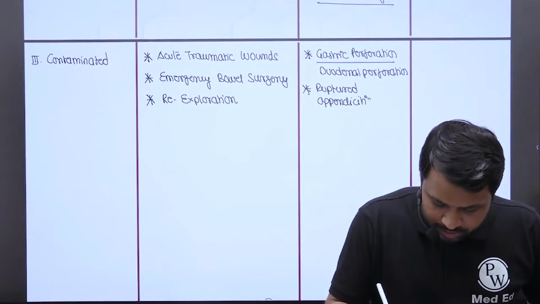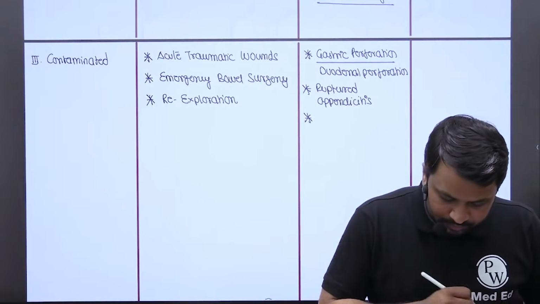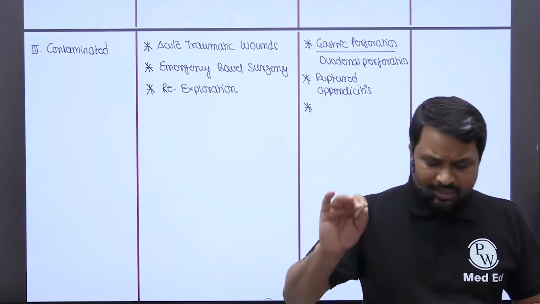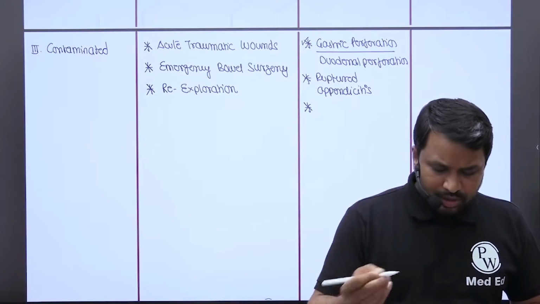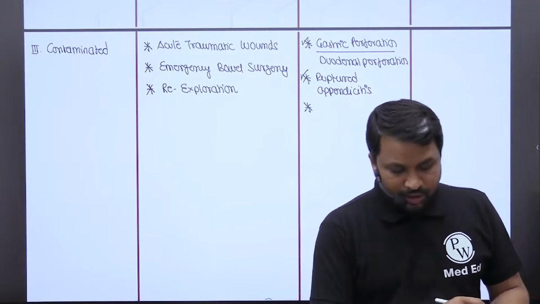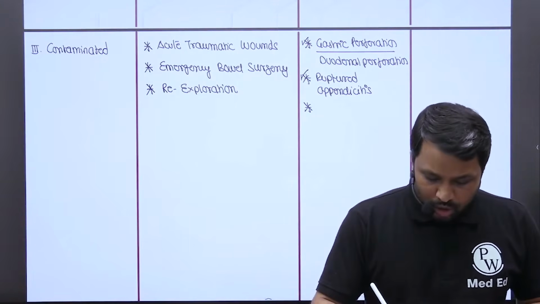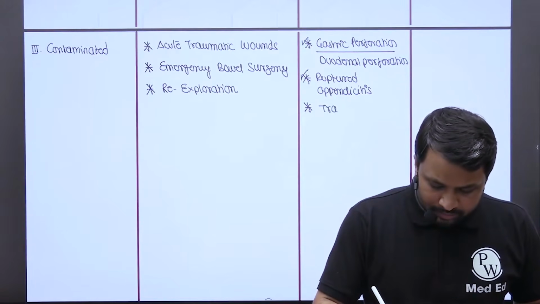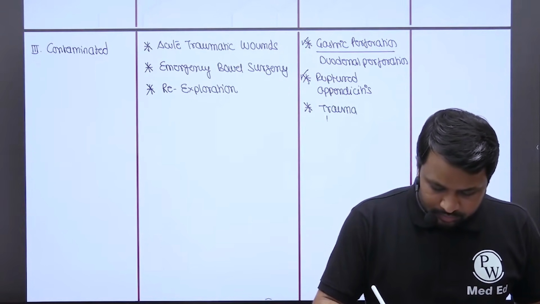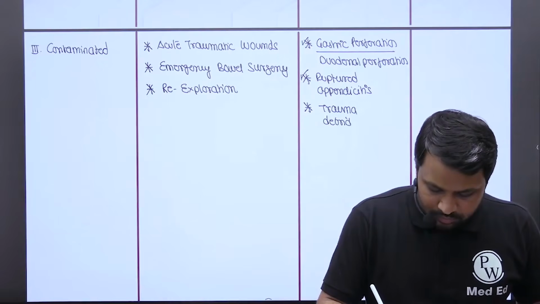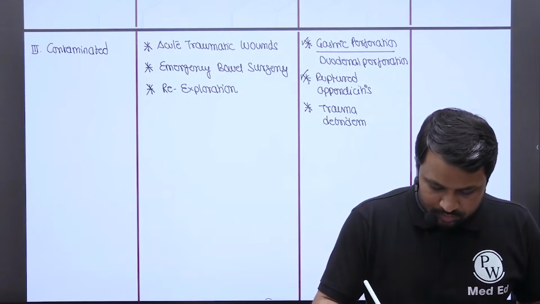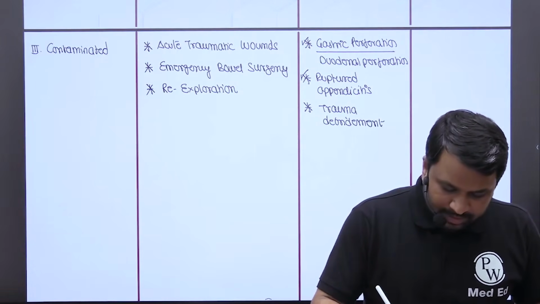Your ruptured appendicitis. All your emergency bowel surgery where the bowel is unprepared. So it is your perforations, your ruptured appendicitis, all your trauma debridement. All these will be considered as contaminated wounds.